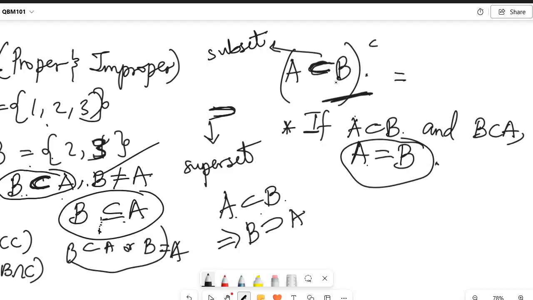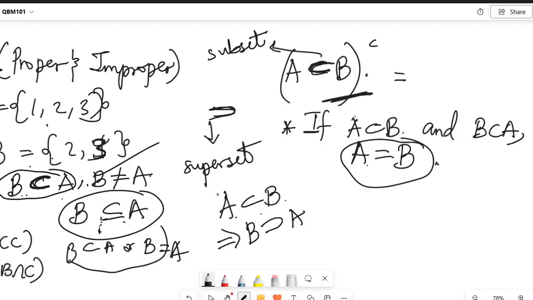Now if A is a subset of B complement, you might be thinking in your heart that I said this sign means proper subset, so why am I now interchanging it? So take note of something. Sometimes the subset idea and the proper subset idea are used interchangeably.